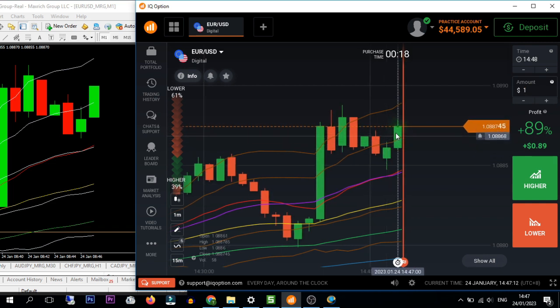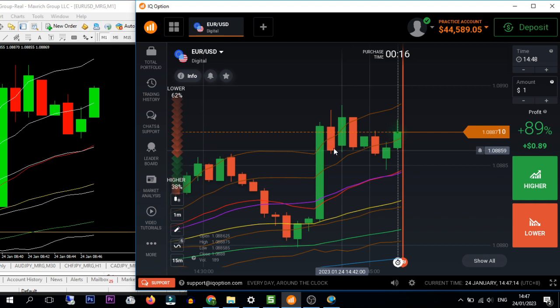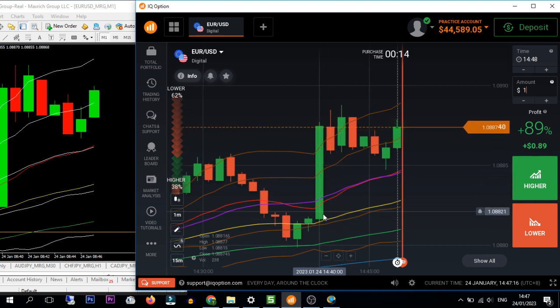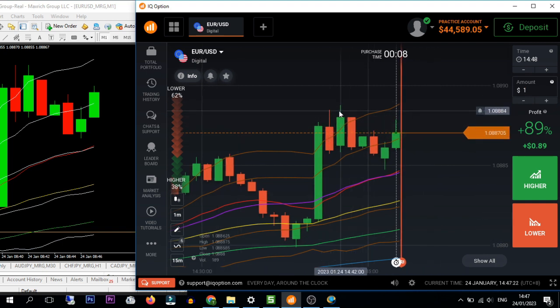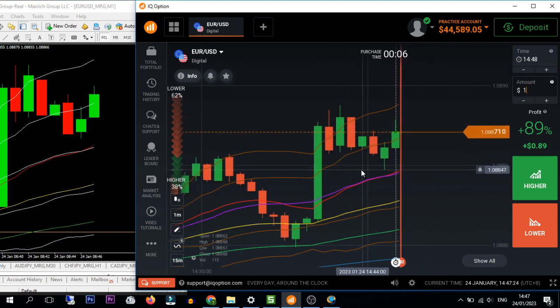If this candle is bullish, that means we have to calculate the previous one. This is a bullish, this is a bearish, okay, and a bullish, bearish, what is the market context? You have to understand.